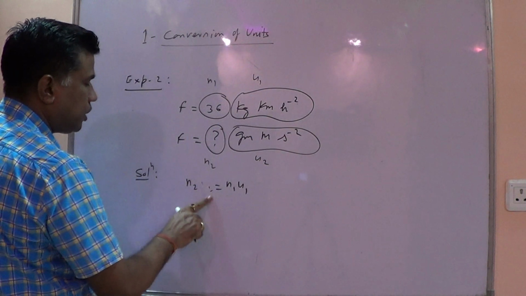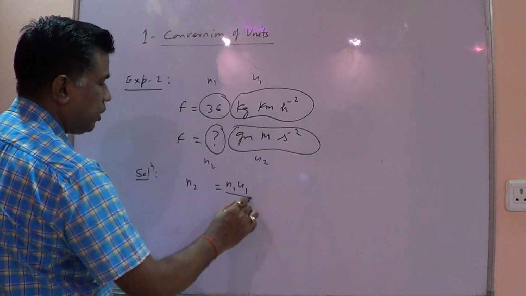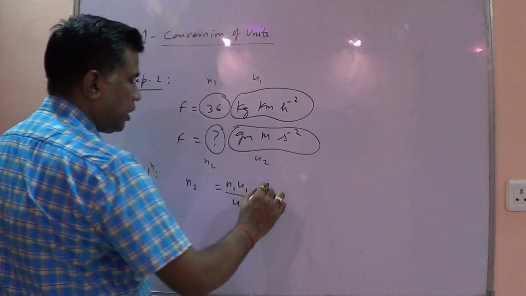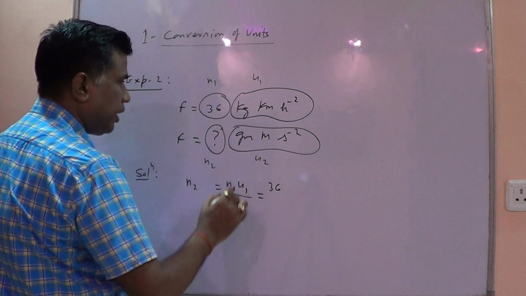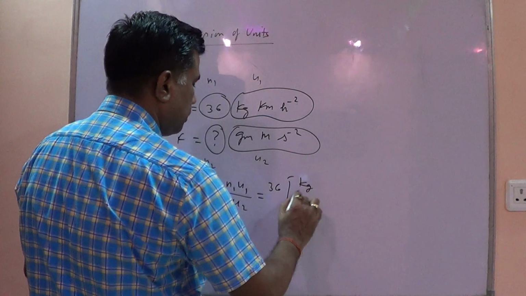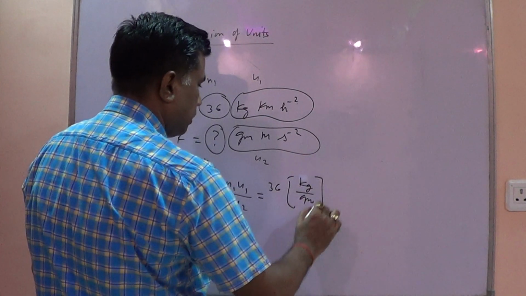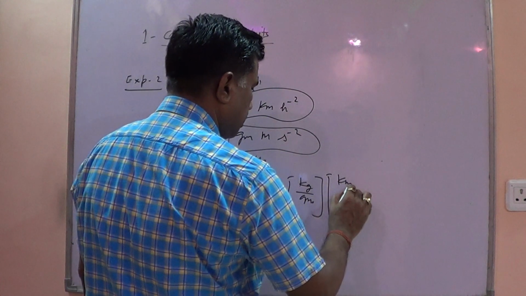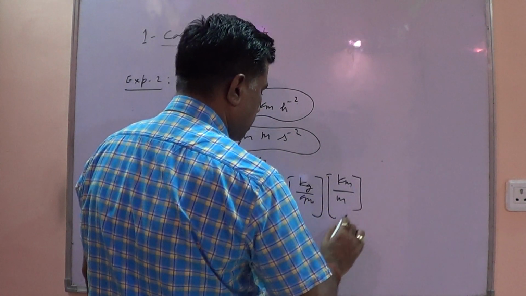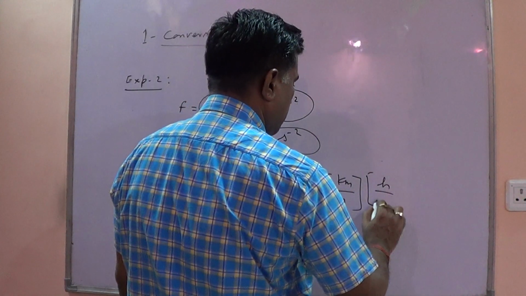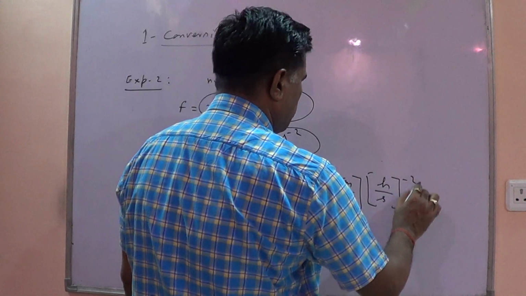So this N2 is equal to how much? N1 U1 by U2. Now I am going to substitute the values. N1 is 36. U1 by U2: I will write this kilogram by gram, this again kilometer by meter, and here hour by second, whole to the power minus 2.